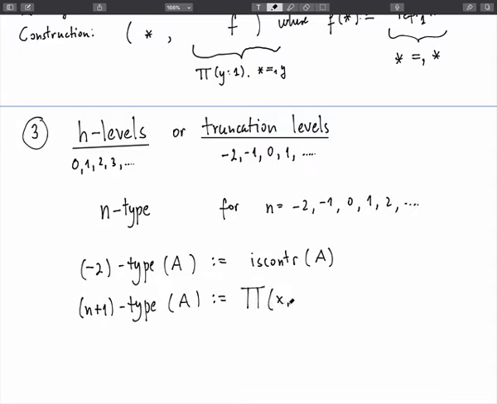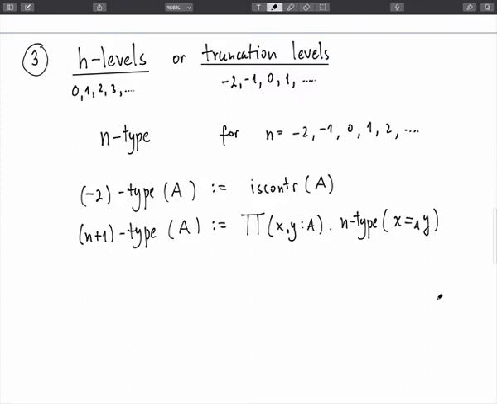So for every x and y in A, the path space from x to y is an n-type. That's a definition by induction on natural numbers starting with -2. Okay? Okay, so that's a definition now, but why is this definition any good?